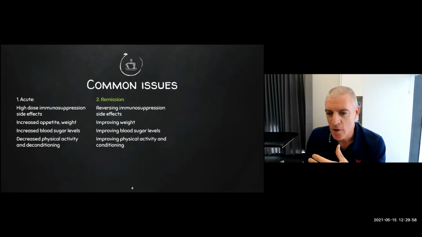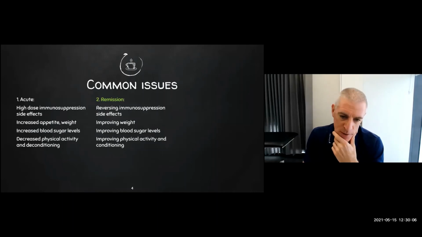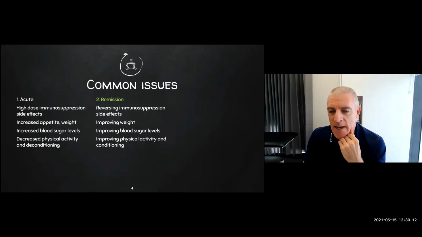So if weight has gone up, if sugars have gone up, for example, then it's about trying to reverse that, bringing weight back down a bit, improving blood sugar levels, and hopefully feeling better and starting to get more physically active and get that conditioning back. By conditioning, it's really the strength and muscle mass that can suffer, and everybody needs that for general health.